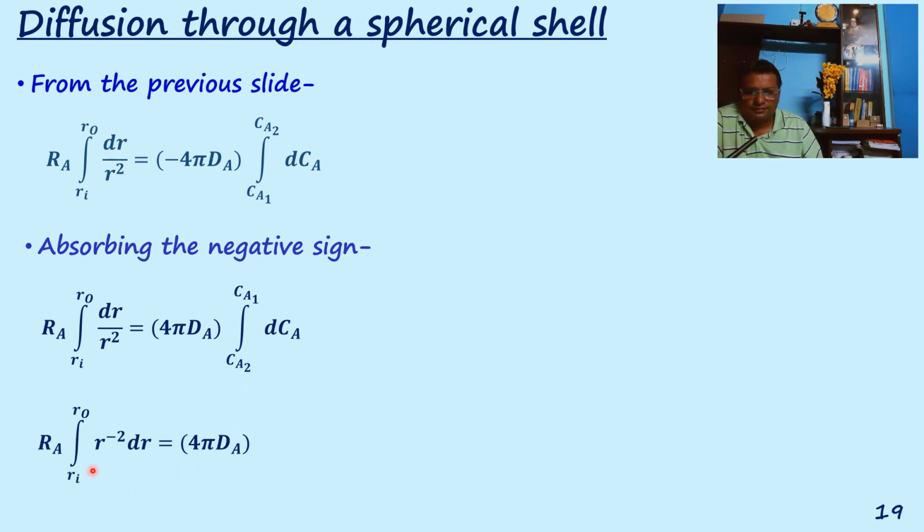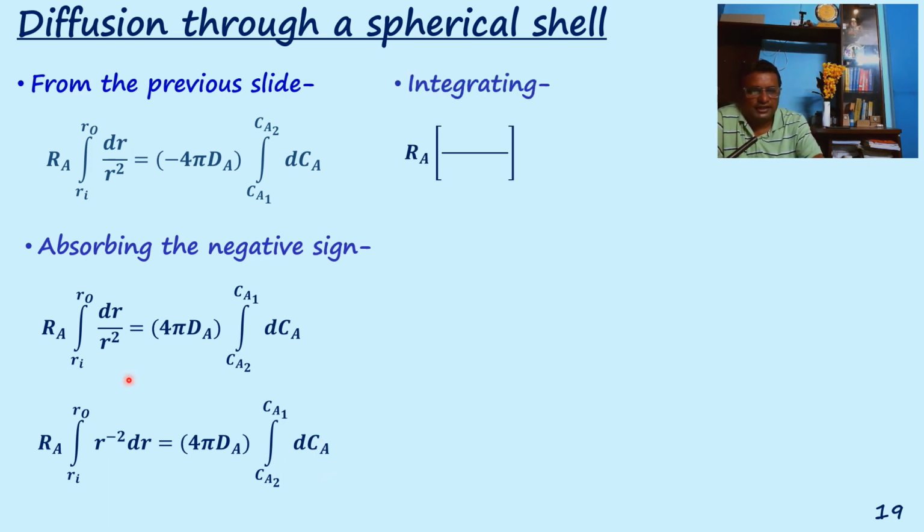Okay, so I will write it in r, 1 upon r square is nothing but r raised to minus 2. So you have Ra integration from Ri to R0 r raised to minus 2 dr, that is equal to 4 pi into dA integration from Ca2 to Ca1 dCA. Now let us integrate it.